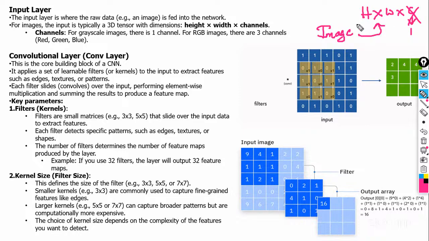So assume I have a grayscale image. Obviously I'll have a matrix, so this is my matrix. This is my input, and I'll be passing this input to the next layer, the convolution layer. This is where the main operation happens: the convolution operation happens in the convolution layer. So what exactly is the convolution operation? We'll understand.